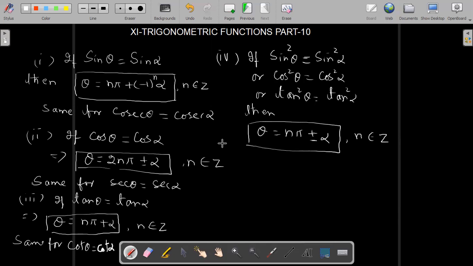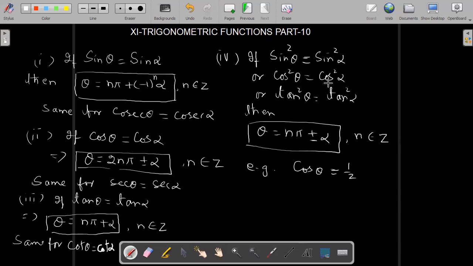Now we have some questions. Here I will solve only one question so that you can easily understand. For example, cos theta is equal to 1 by 2. The square formula is for all functions.